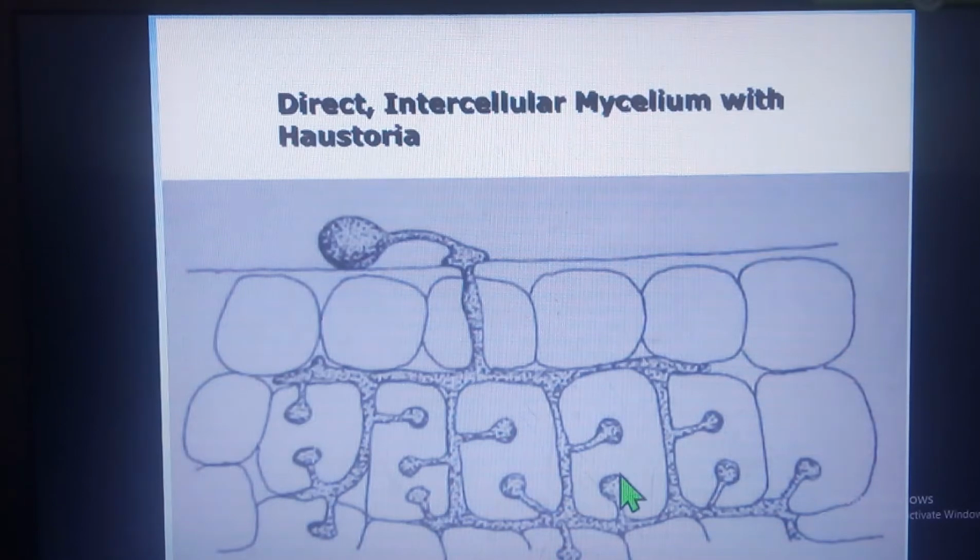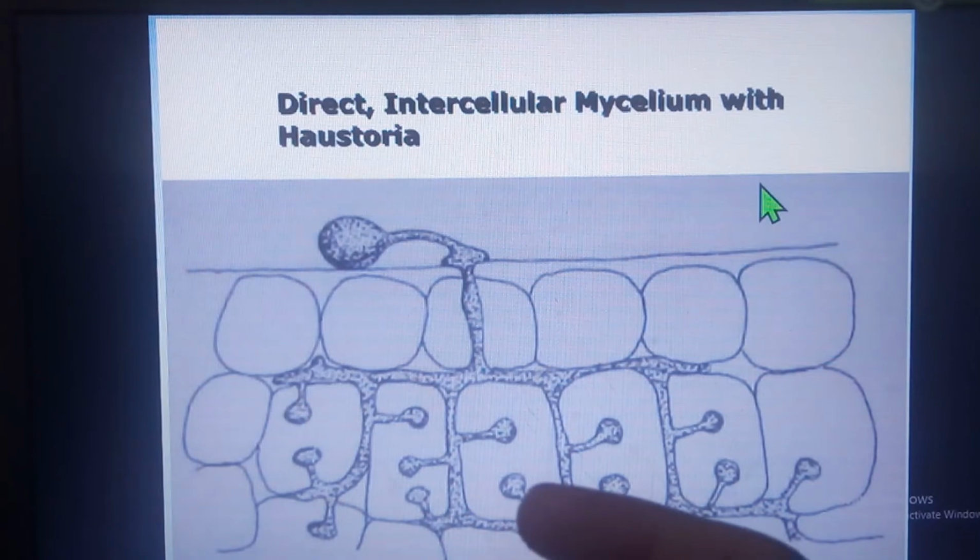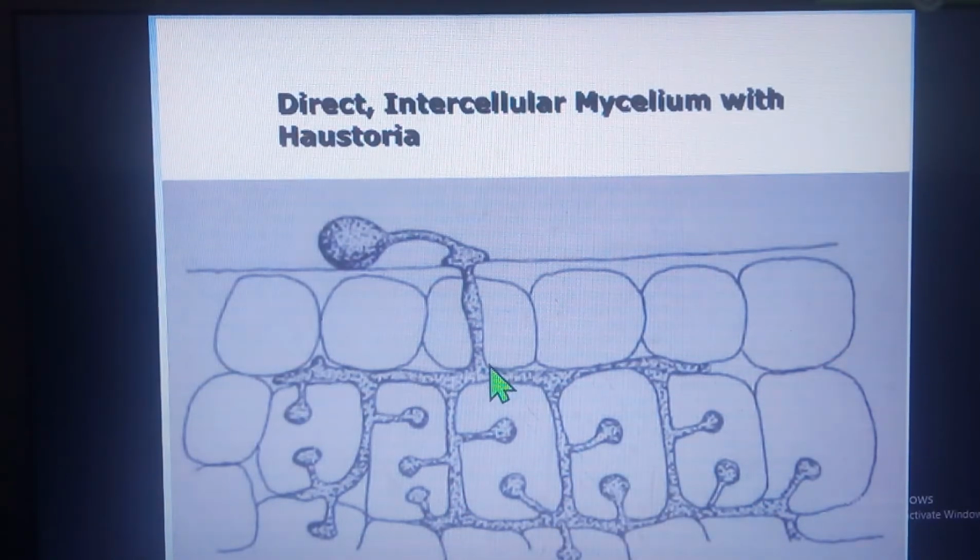You can see these are the haustoria, which help the fungus in attachment, as well as to penetrate through the host organism, and to absorb nutrition. Okay, that is the function of the haustoria.